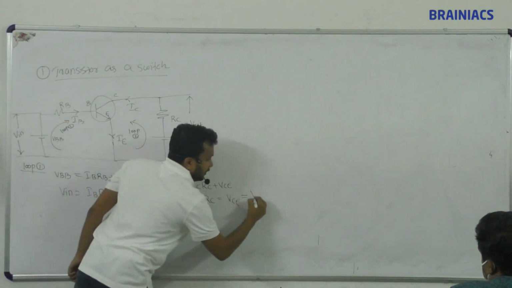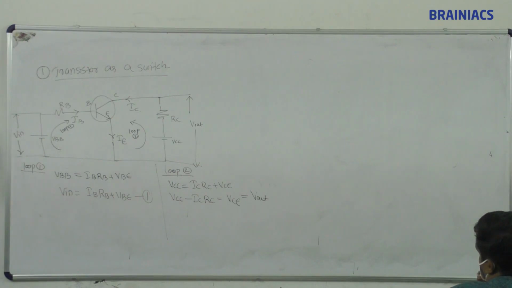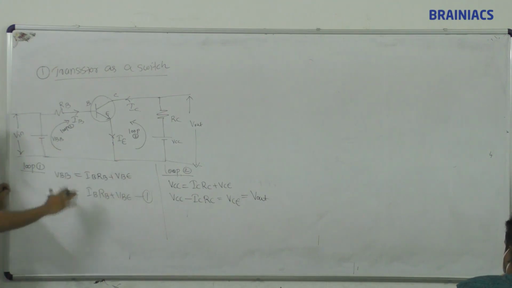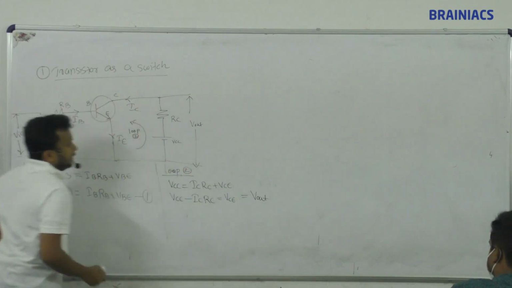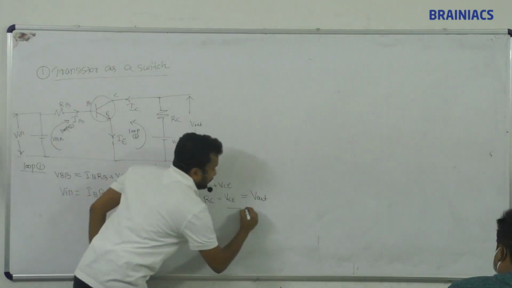So VCC minus ICRC equal to V out, and that is nothing but VCE. That is called the V out.